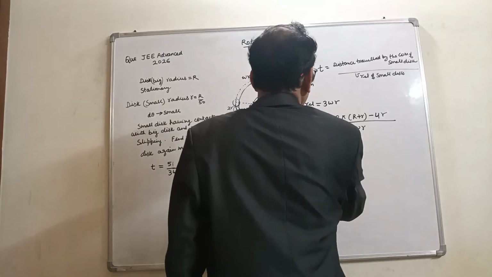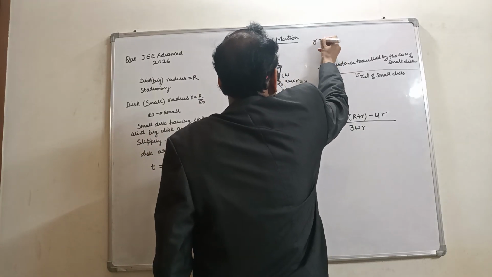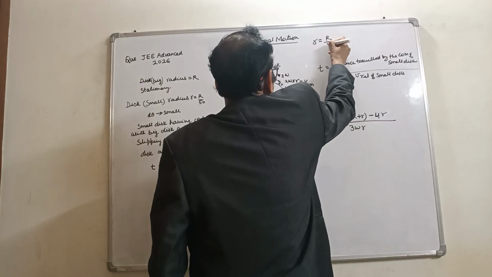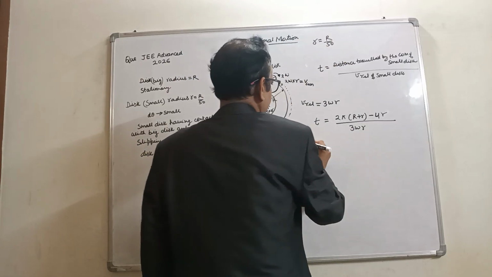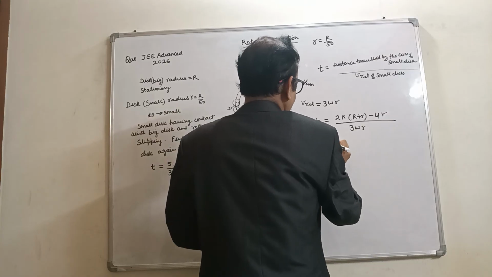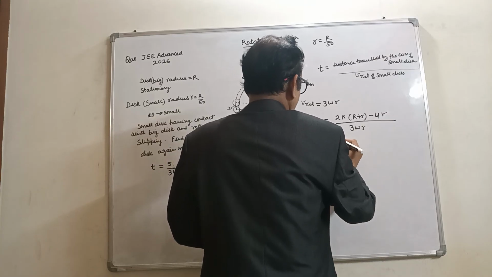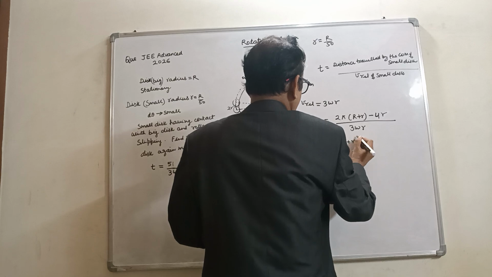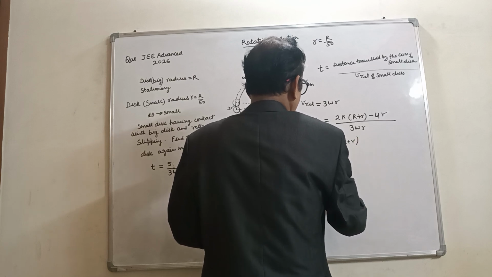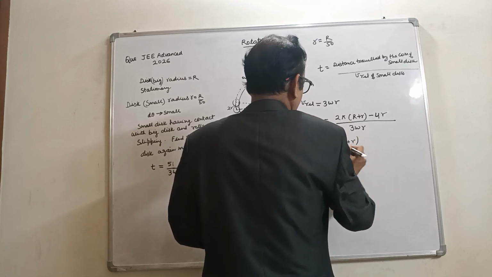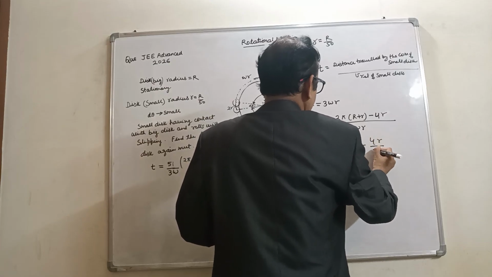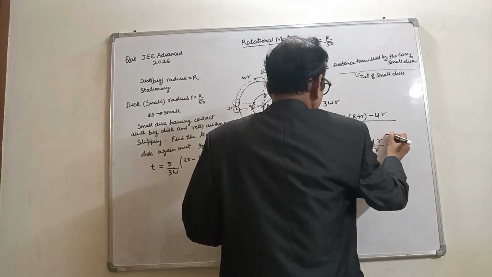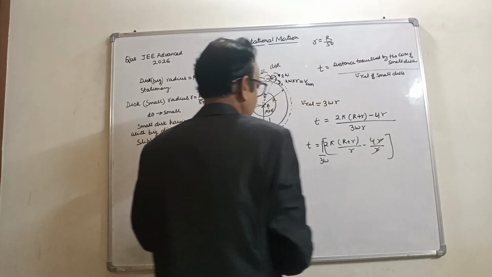So we put in the values, and the radius of the small disk is given as r by 50. So t would be 2 pi (r plus r) times 1 by 3 omega, minus 4r upon r. R cancels out.